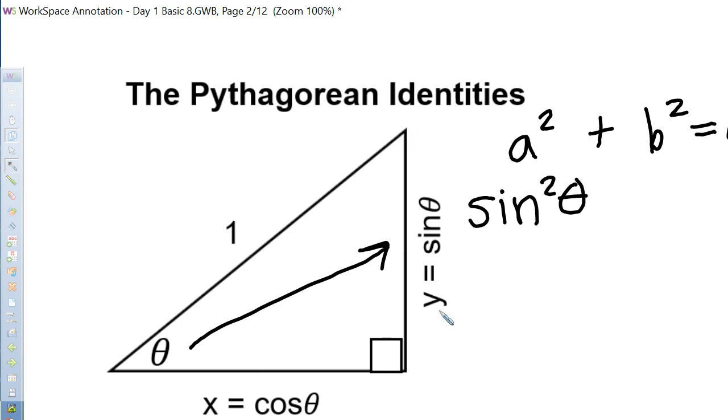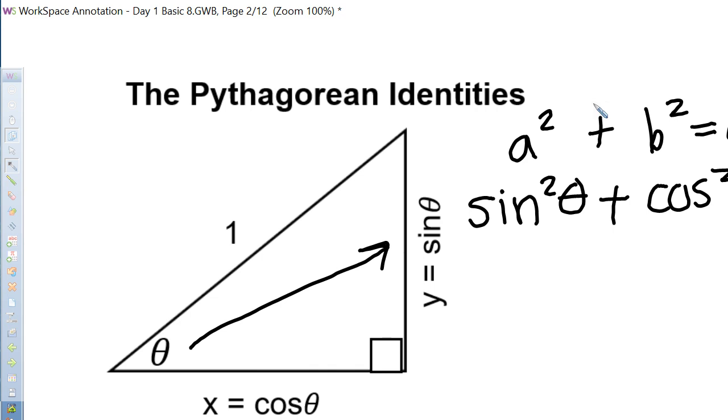Now when we write these, we always put the square in front of the angle. Now most of the time they'll use theta, they may use x, they may use a capital A, they could use anything really for that angle. So the square always goes in front of the angle. The other leg is labeled as cosine, and it needs to be squared. So I write that as cosine squared of theta is equal to c squared would be 1 squared.